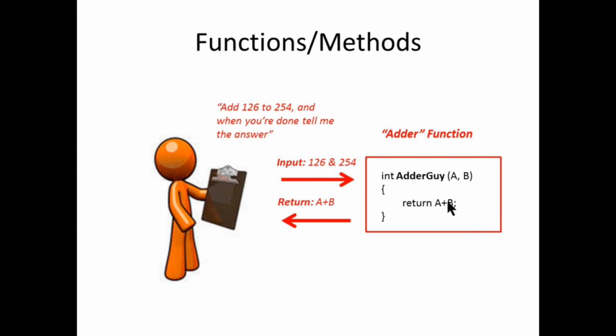Here's the A plus B. It adds the two numbers, and it returns the answer to the supervisor. And I have defined the answer as being an integer. So when I call this adder guy, I pass it two numbers, I return the answer, and it comes as an integer back to the supervisor. So I'm returning the answer as an A plus B.